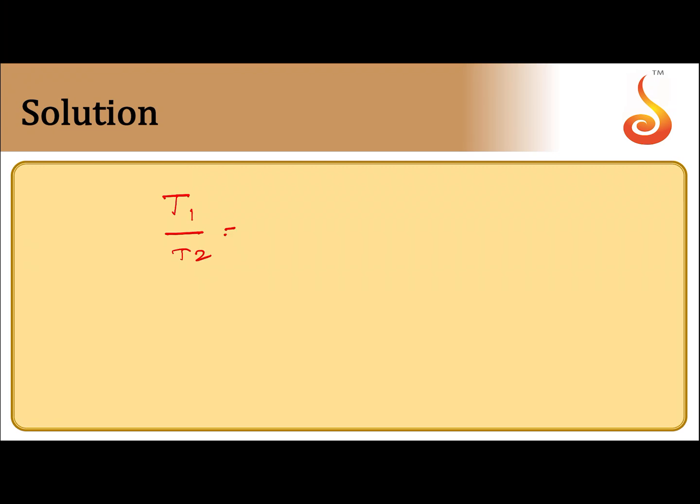T1 divided by T2 is equal to m1 divided by m1 plus m2. Very simple calculation. Notice that I don't even need to know the value of acceleration. Ultimately, the acceleration term doesn't appear in the equation at all because we are taking the ratio. So, does it correspond to option D? Yes.